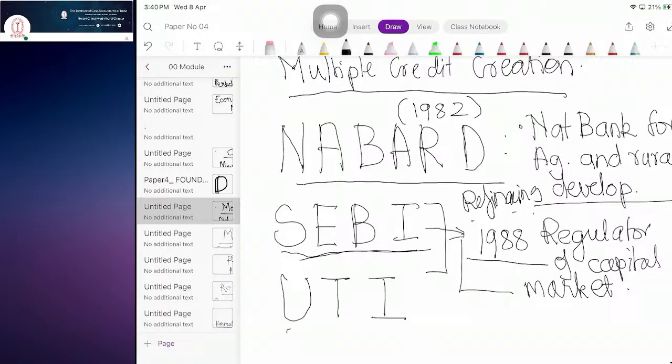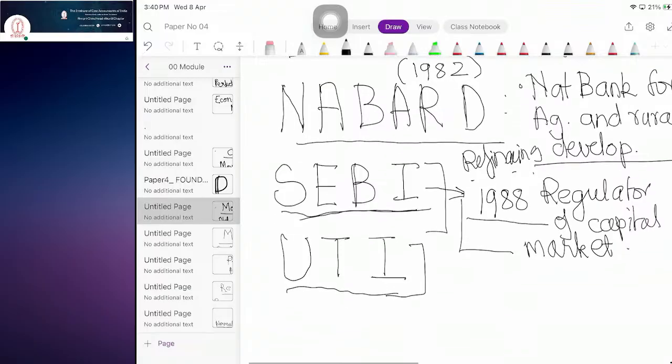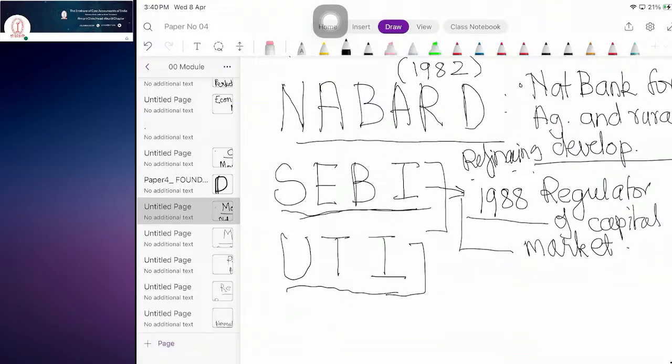Unlike private mutual funds, there was a government promoted mutual fund. What is it called? It was called the Unit Trust of India, one of the oldest mutual funds that exists.